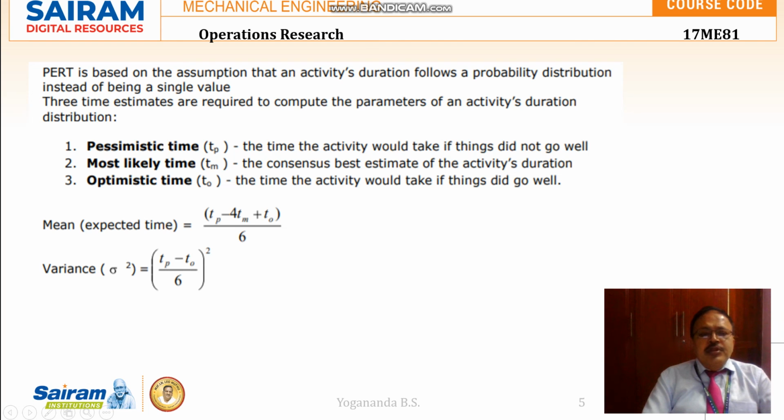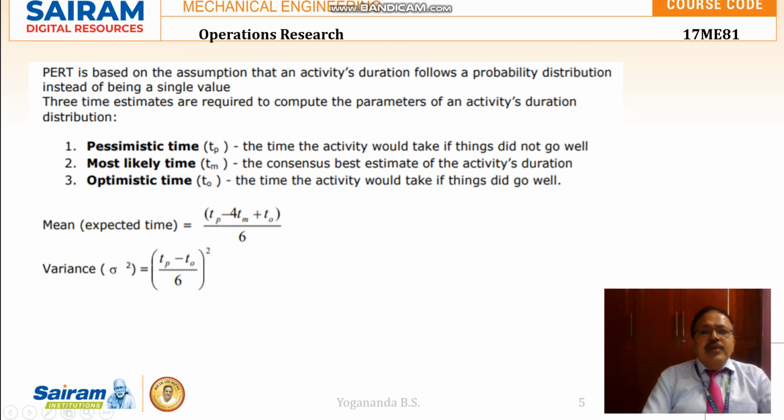Most likely time is the best estimate of the activity's duration, so the manager is in between optimistic and pessimistic time. Optimistic time is the time the activity would take if things did go well. Here the manager will consider that there will not be any delays for any reason, so the most reasonable duration he will consider is the optimistic time.